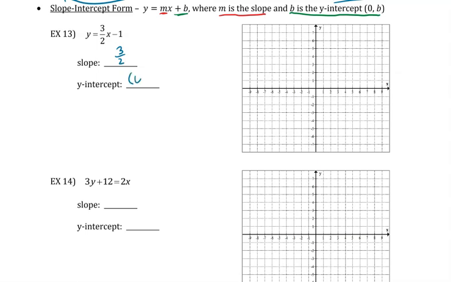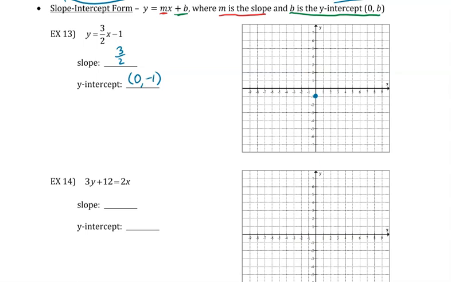The y-intercept is (0, -1), the number that's not with x. All right, we're always going to start with the y-intercept. In this case, our y-intercept is (0, -1), so we're going to go ahead and plot that on our graph.